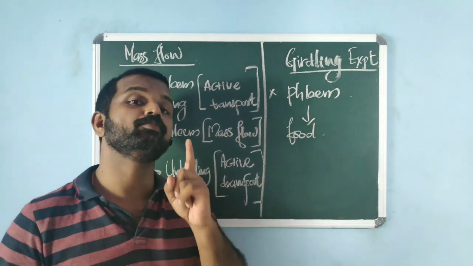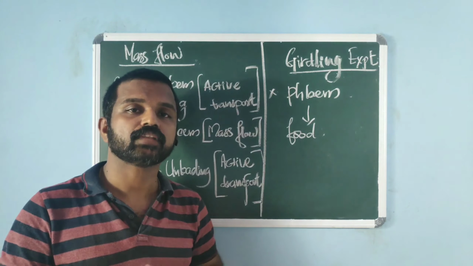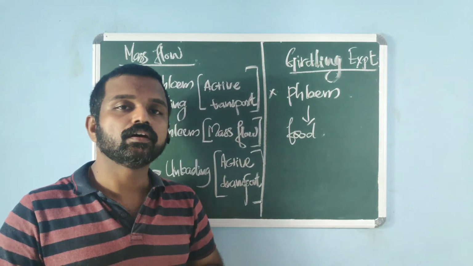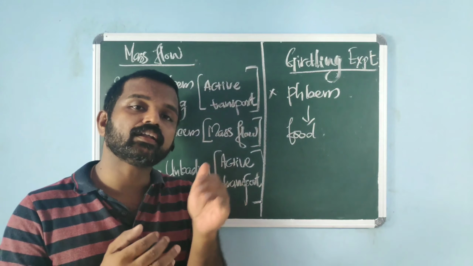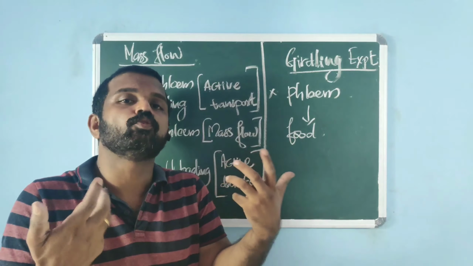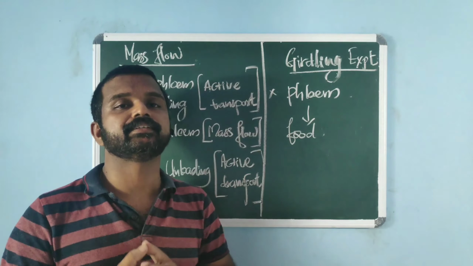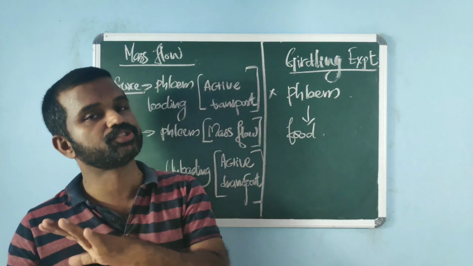And this phloem loading creates a hypertonic condition in the phloem. As a result, by osmosis, water enters into the phloem from adjacent xylem, which creates osmotic pressure. That means a pressure gradient will be created between source and sink.